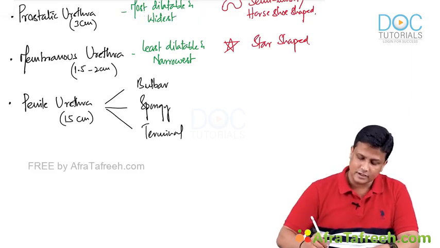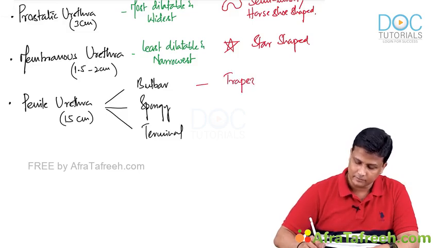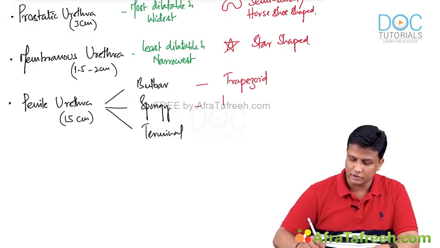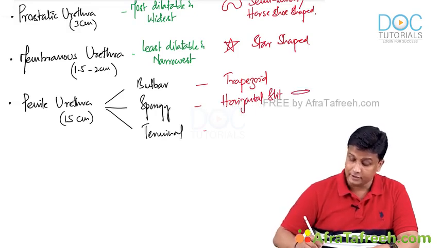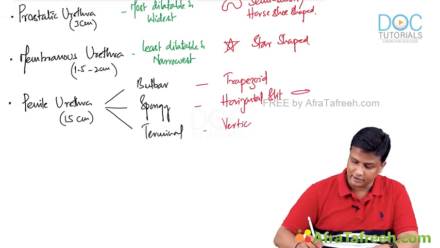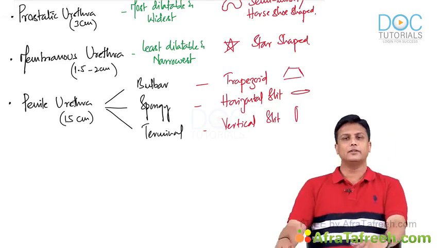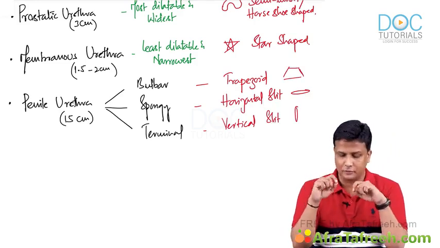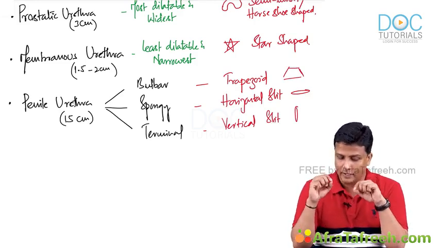When you see it in the cross section, bulbar urethra will be trapezoid in shape. The spongy urethra will be like a horizontal slit, whereas the terminal part will be like a vertical slit, guys. So bulbar urethra will be trapezoid in shape, whereas the spongy urethra will be horizontal slit like, whereas the terminal part of the urethra will be vertical slit like.